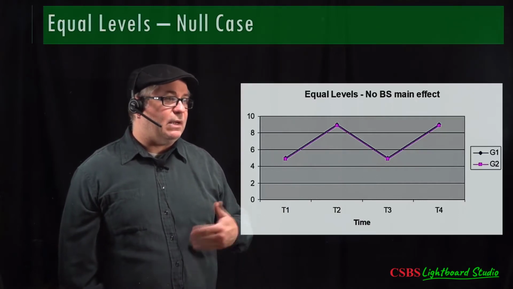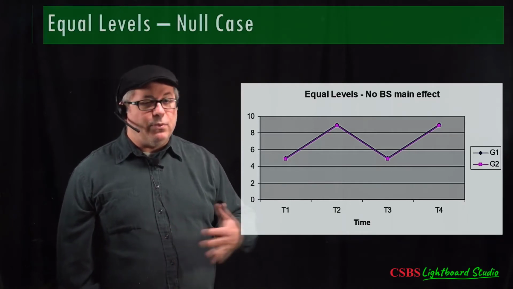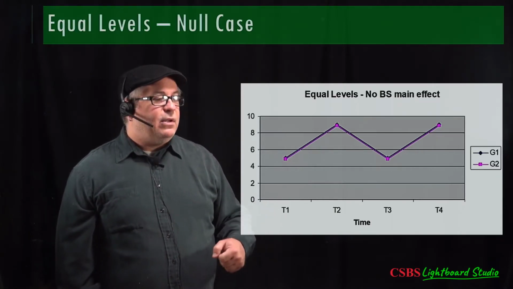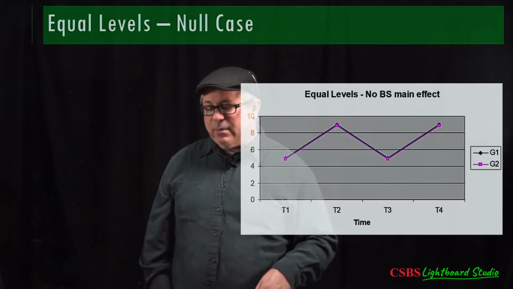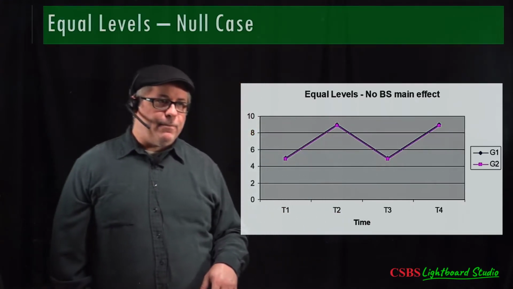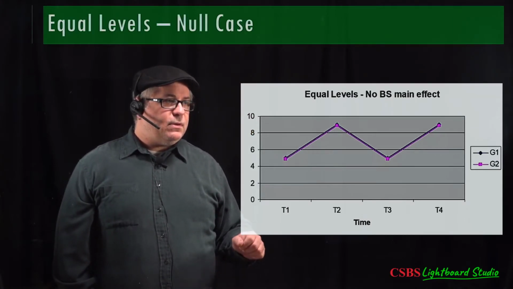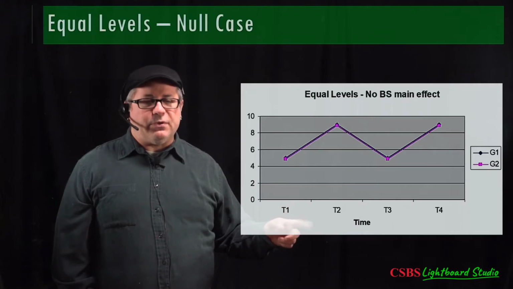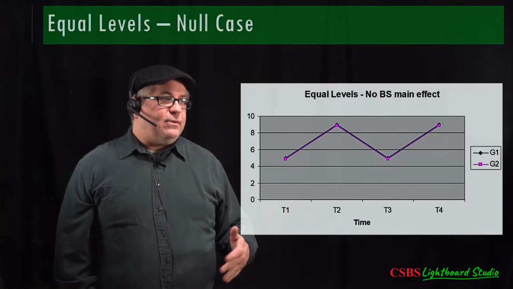So this again is the null case. If equal levels is met, meaning you don't reject equal levels, you would find something like this, where both groups across time are at about the same level. Are you with me so far? Like we'll see in a second, there's another test called flatness, which sounds exactly like what it is.